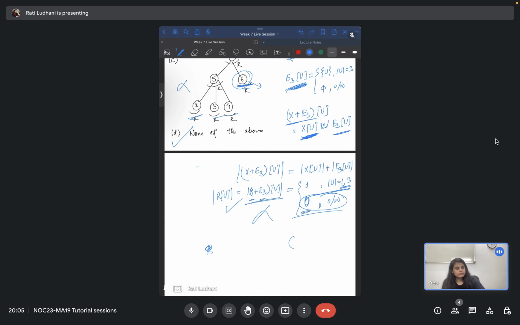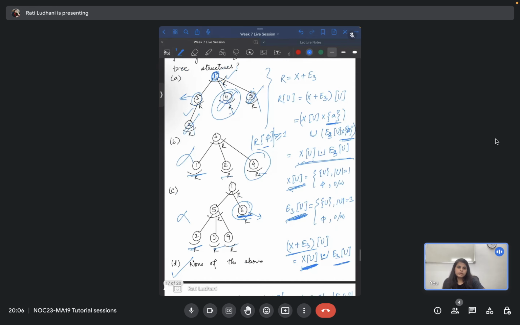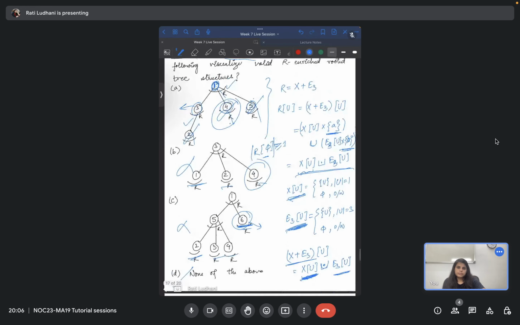So if you have even one root, if you consider a1 as your rooted tree, then again there are no children of 1. So r of 5 should be something, but it is empty, so you cannot draw this even. There is no possibility you can have any valid structure on it.